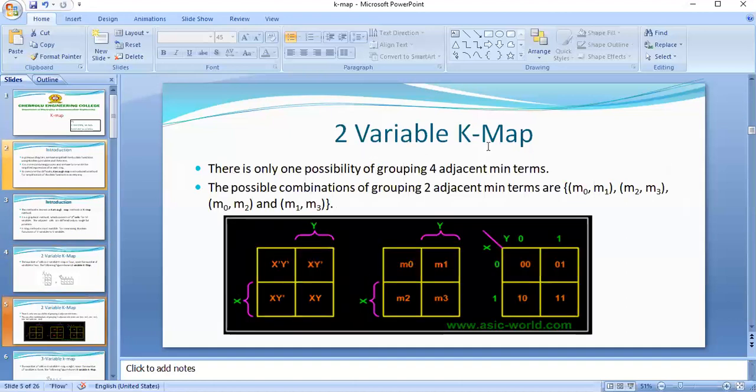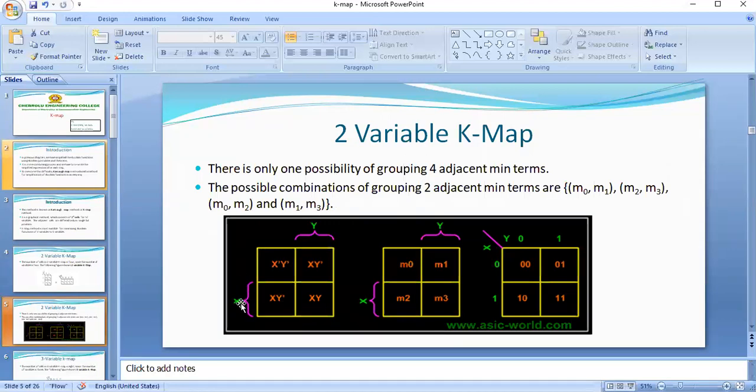See here, this is a 2 variable K-map. Here I am taking variables x and y. The ordering of the variables is also important. For example, you have to simplify an SOP expression. In SOP, 0 is the complement of the variable and 1 is the uncomplemented variable.